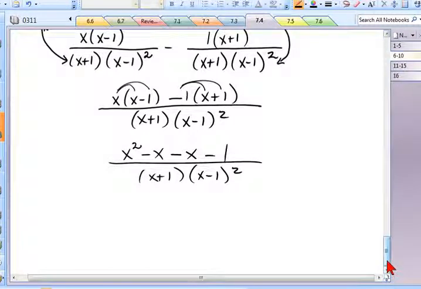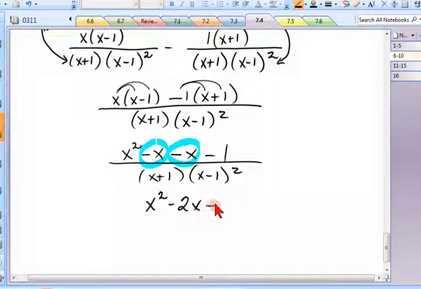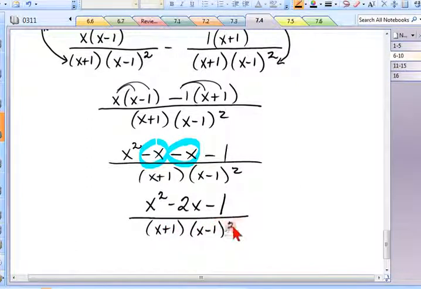Are there some like terms I could combine? Do you see a negative x and another negative x? So I have x squared minus 2x minus 1 over x plus 1, x minus 1 squared.